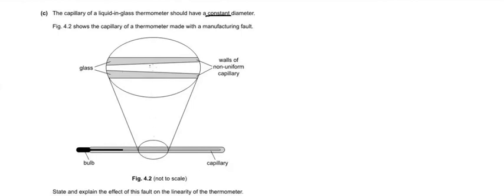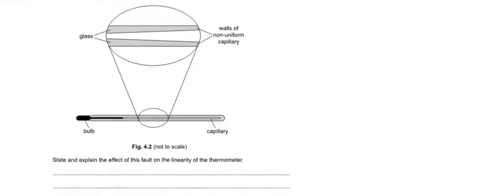You can see this is a zoomed in part, and this one is the glass, and this one is a bore or the capillary or the cavity. And here you can see it is non-uniform. Here it is having the smaller diameter, here it is having the higher diameter. So the walls of the non-uniform capillary you can see, and the cavity is non-uniform, that means the diameter is not constant.